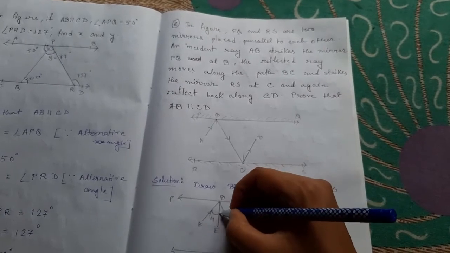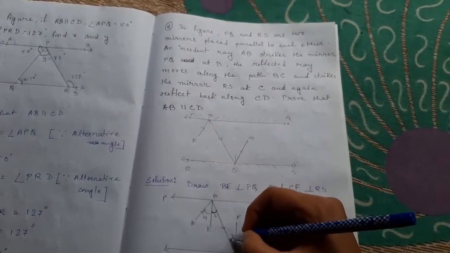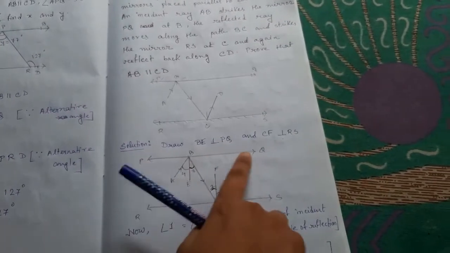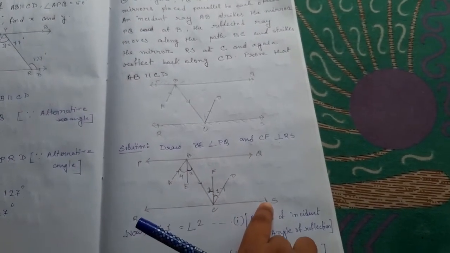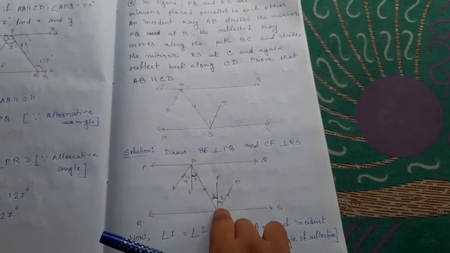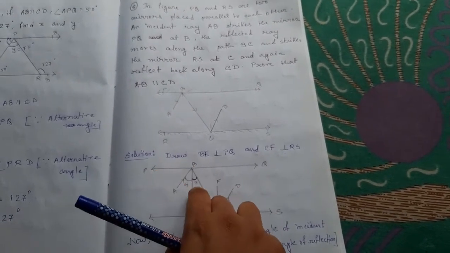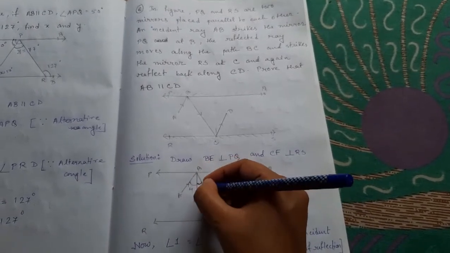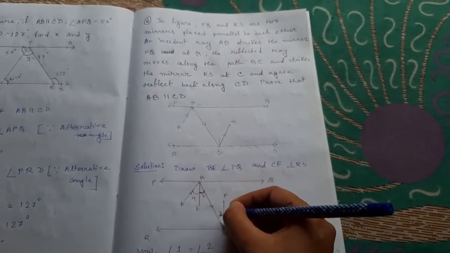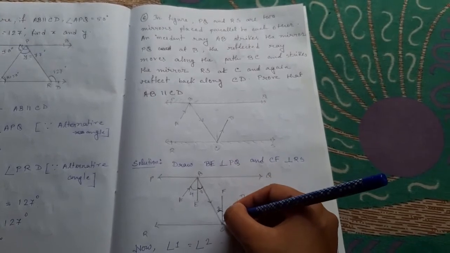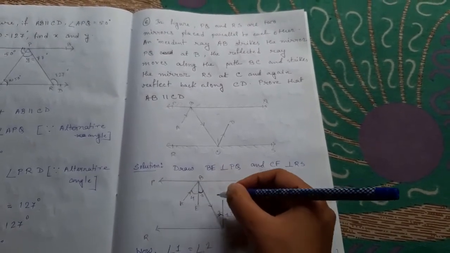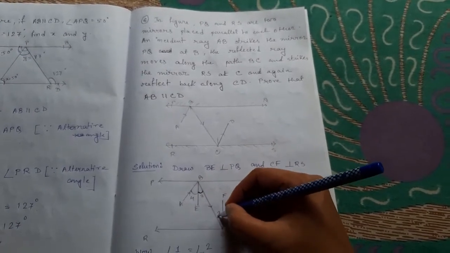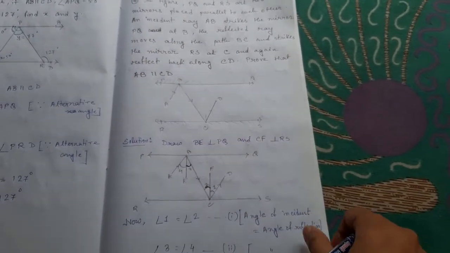BE and CF are perpendicular to PQ and RS respectively, so they are parallel to each other. BE is also parallel to FC. That means this angle 3 is equal to this angle 2 by the alternate angle property.